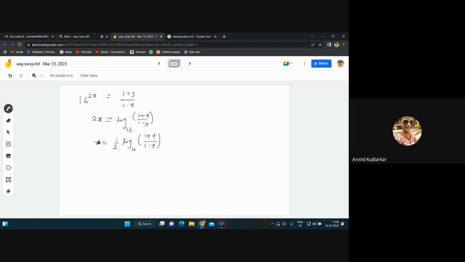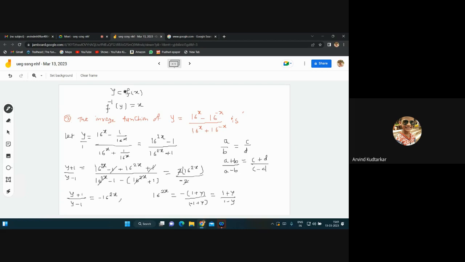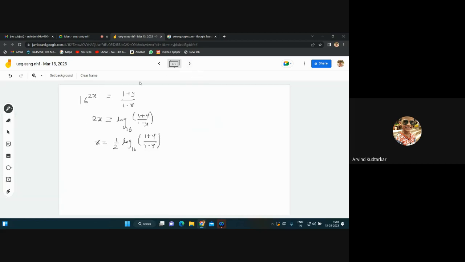So what is that x? X is nothing but f inverse of y, and you know that already. Here you know that y is a function of x, which means f inverse of y is x. How will you write x? It is nothing but f inverse of y. So f inverse of y is 1 by 2 times log to the base 16 of 1 plus y upon 1 minus y.